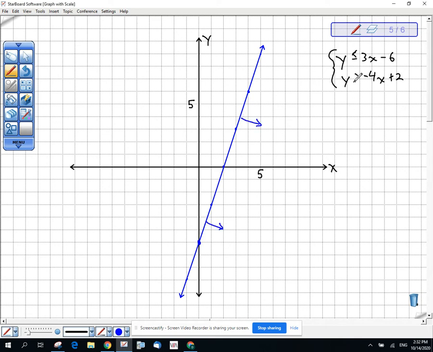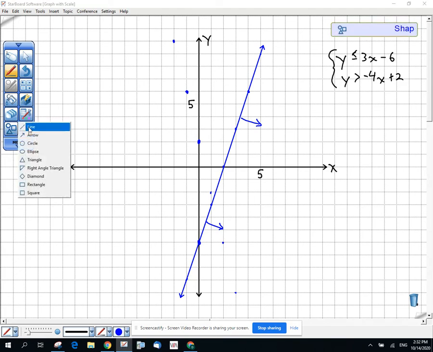Okay. Looking at the second one, y-intercept of 2, slope of -4, down 4, right 1, down 4, right 1. Could also go up 4, left 1 a couple times. And this is going to be a dashed line. Use a straight edge and just go dash, dash, dash, dash. I actually have a feature for that, so I'll use that.